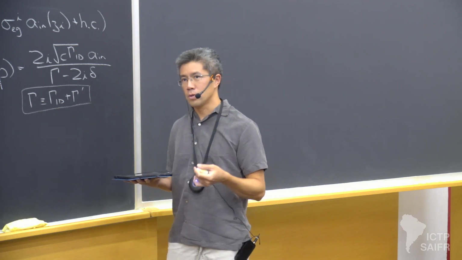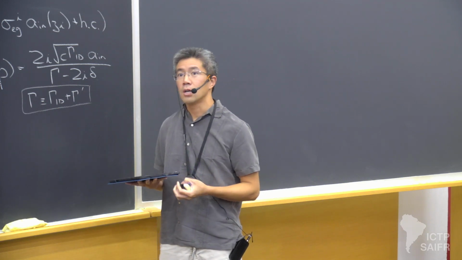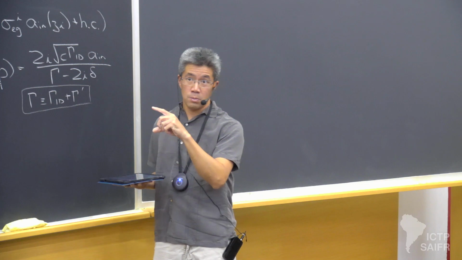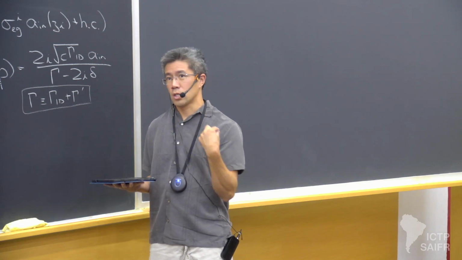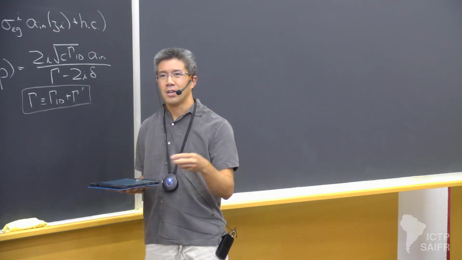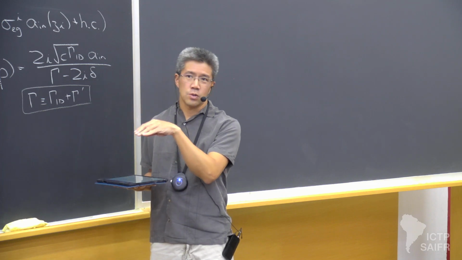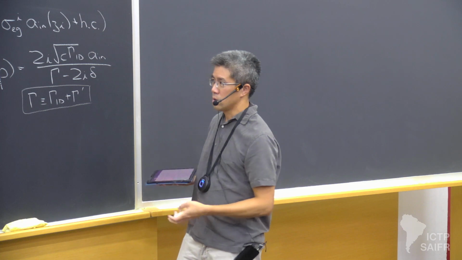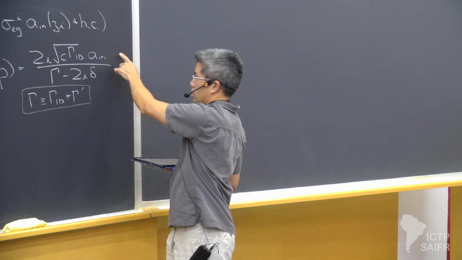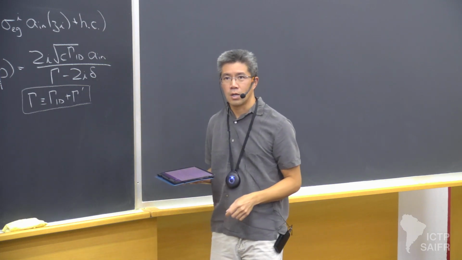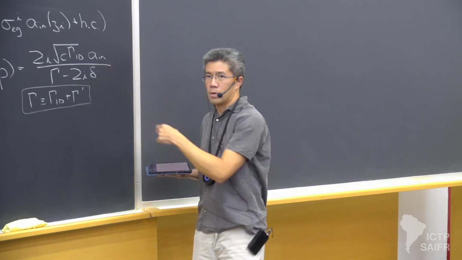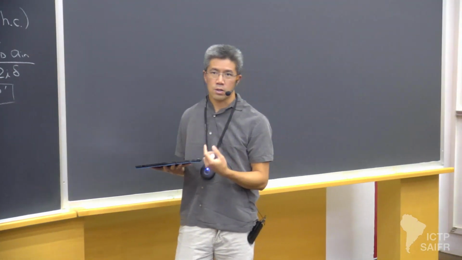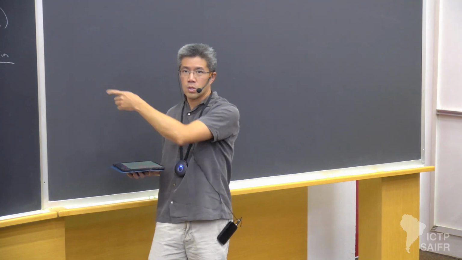So you double the field intensity, you double the amount of population. But since it's a two-level system, that can't be true forever. At some point, when you come in with enough photons, your atomic population has to saturate, even if you keep cranking up the field more and more. So in general, you'll have nonlinear corrections. If you were to expand as a polynomial in the driving, you'd have nonlinear corrections to this result here.